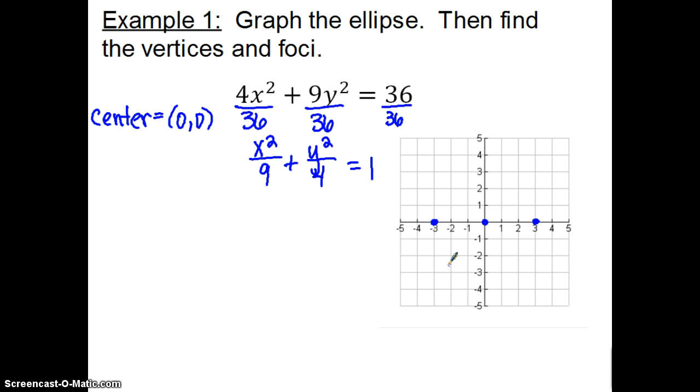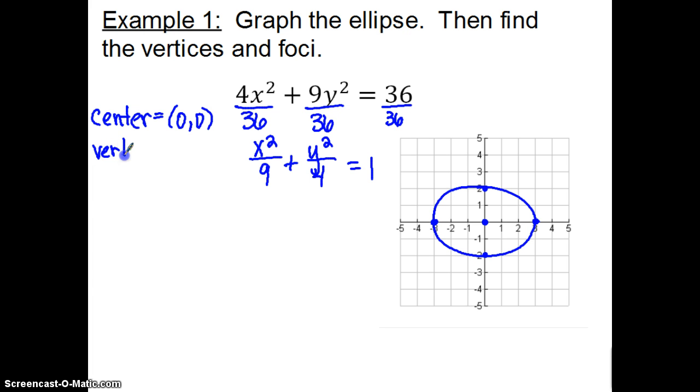And then same idea with the y direction radius. The y direction radius squared is 4, so that means the y direction radius is 2. So from my center up and my center down, we're going to go a distance of 2. Notice how those were different numbers. And so when I sketch this in, what I have is an ellipse. Let's go ahead and name the vertices.